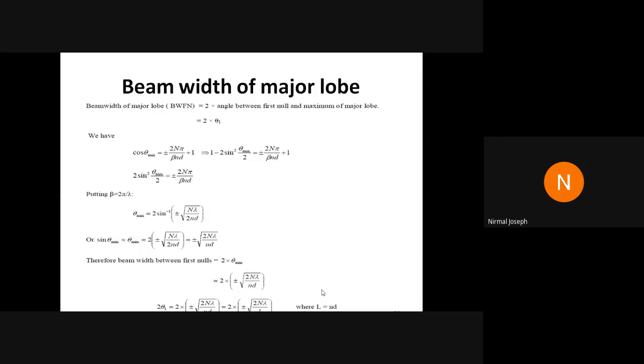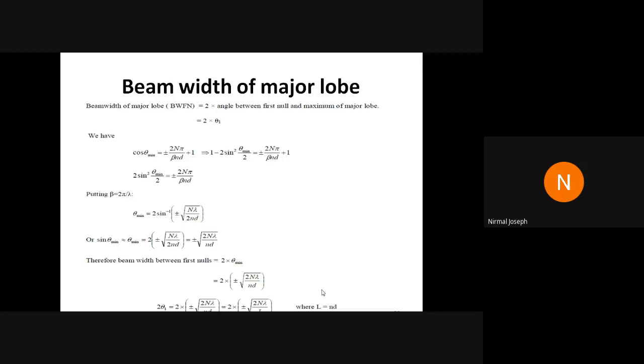And from that, we are just rearranging the things. Okay, so we will be getting 2 sine square theta minimum by 2 is equal to cos theta. We are rearranging it into 1 minus 2 sine square theta by 2. Okay, that is the only thing.